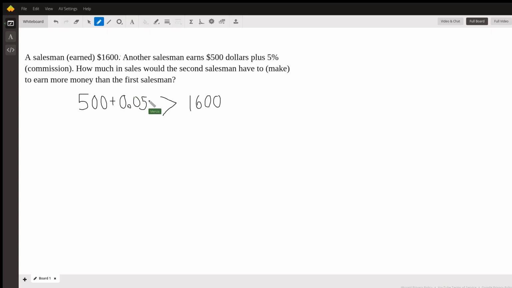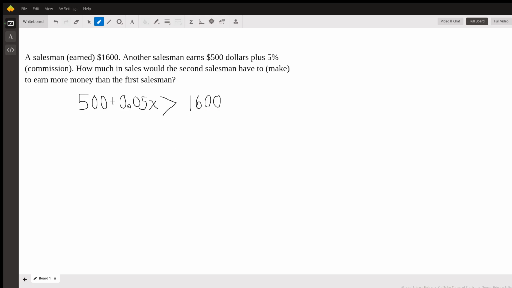Since I don't know right now, I'm going to use a variable. Let's use x, our most commonly used variable, to represent the amount of money that salesman number 2 has to make to earn more than salesman number 1. Great. Let's solve it.